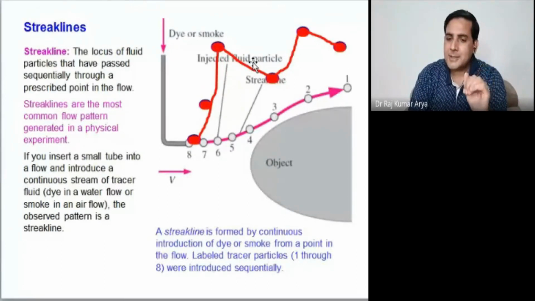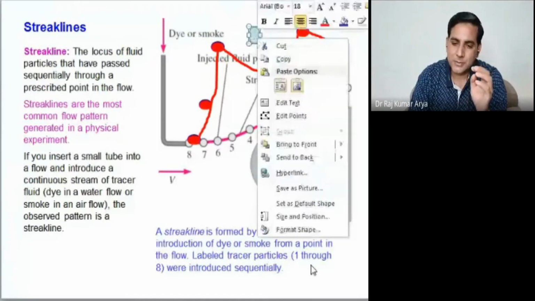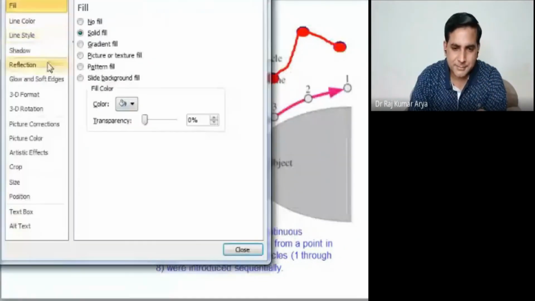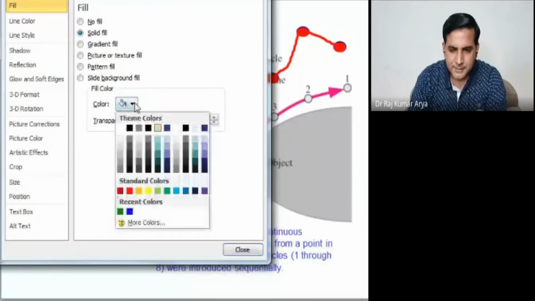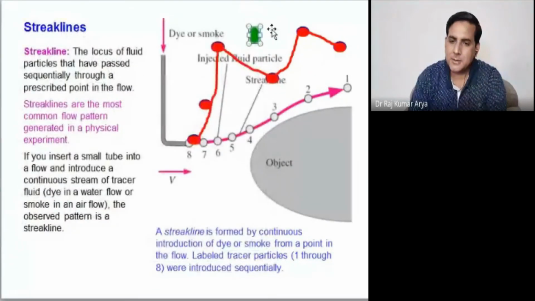Now let's say several particles. Take another particle, which passed through this same particular point. So let's change its color. Let's say you took a green color particle. So another particle went from here, which was green.